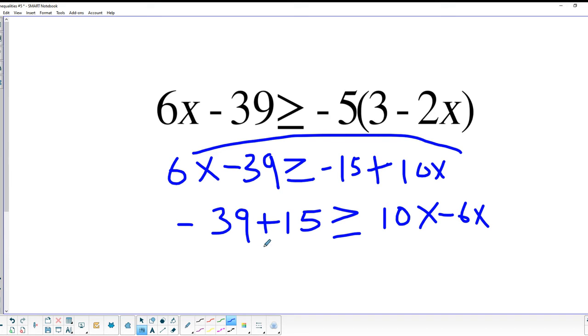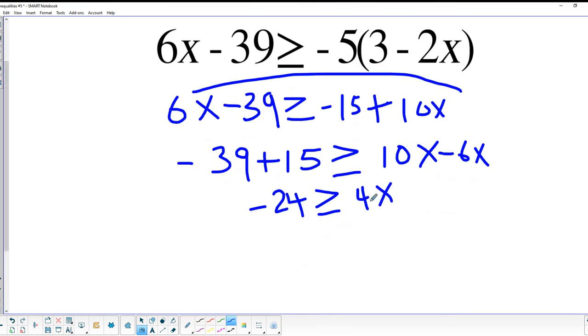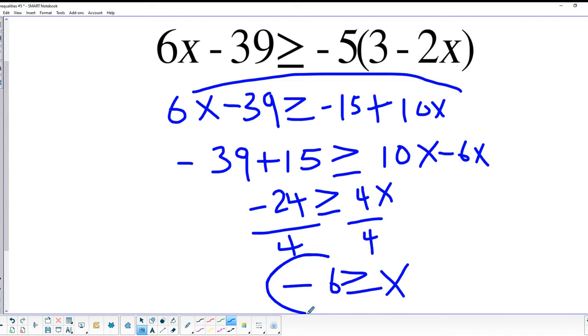And negative 39 plus 15, well, that's negative 24. And all of that is greater than or equal to 4x. All right, so when I divide both sides by 4, I end up with negative 6 is greater than or equal to x. So there is my solution.